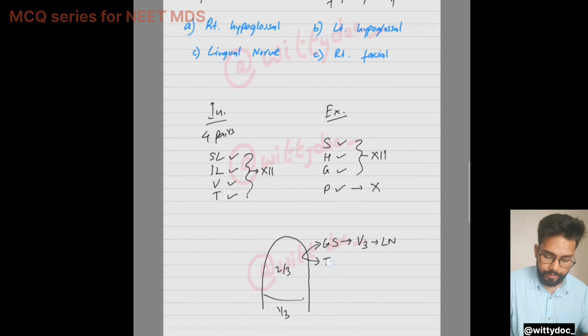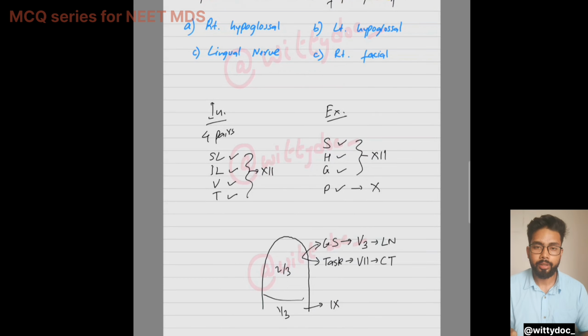And the taste sensations are innervated by the facial nerve, the 7th cranial nerve. Which branch of the facial nerve? The chorda tympani branch. And in the posterior 1/3 of the tongue, both general sensation and taste are supplied by none other than the glossopharyngeal nerve, the 9th cranial nerve. That's all the basic knowledge we need to solve this question.